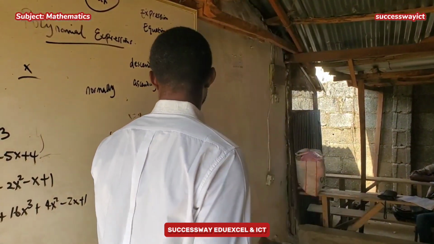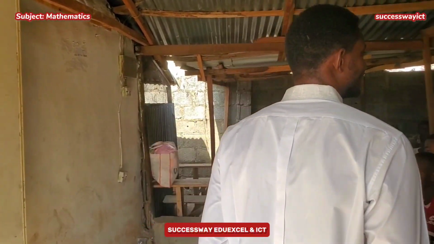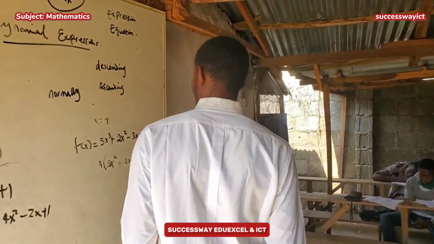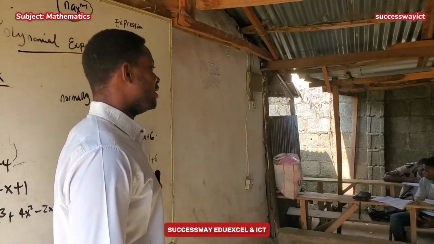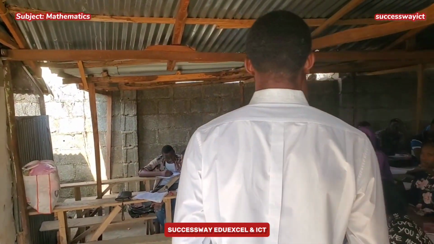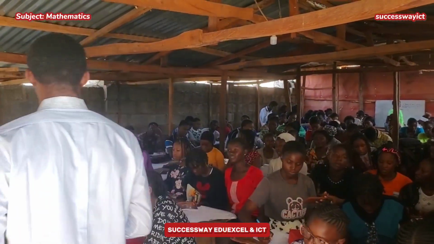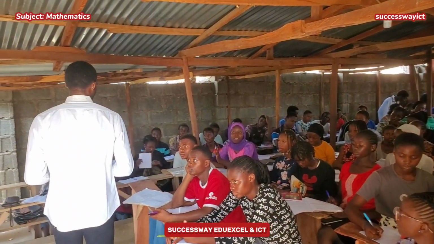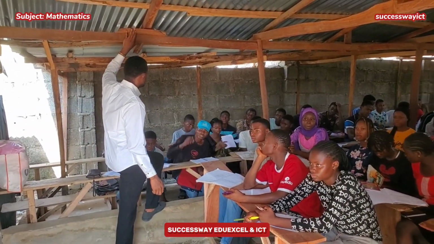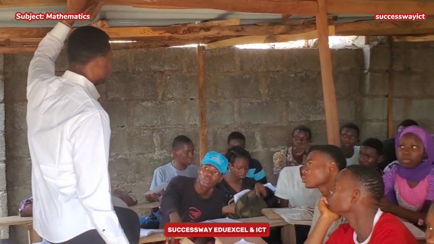Now, from these guys that are here, which two numbers can you multiply, when you multiply them, you have 10, and when you add them, you have -3?